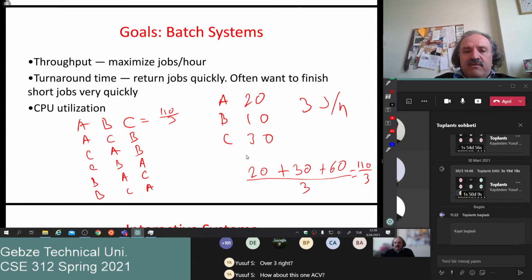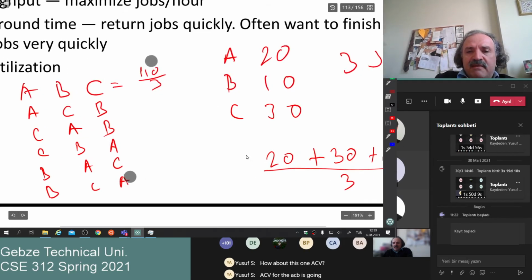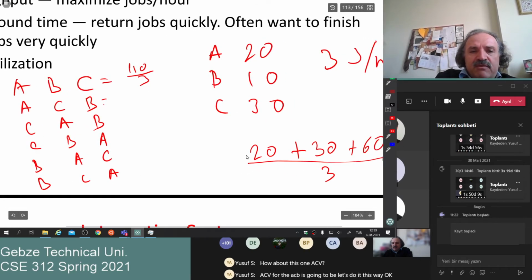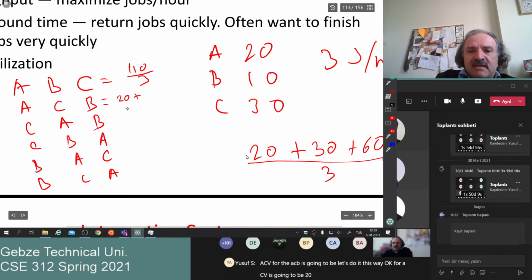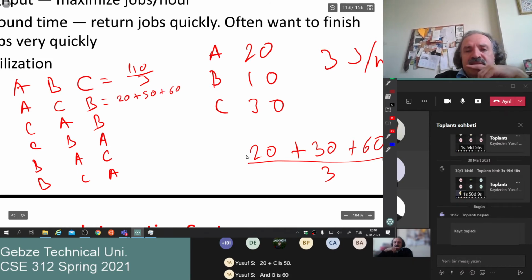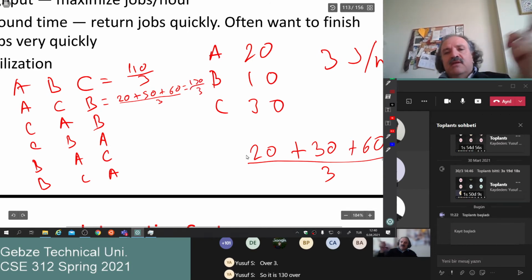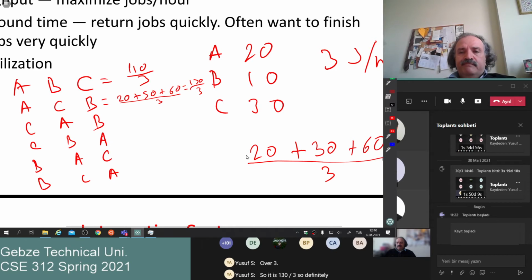For ACB, let's do it this way: 20 plus C is 50 and B is 60. So it is 130 over 3. So definitely ABC is better.